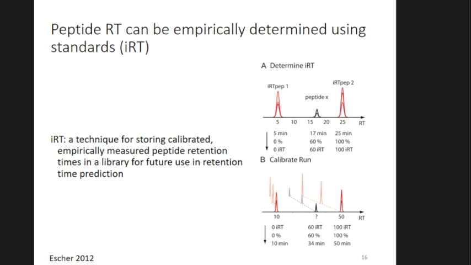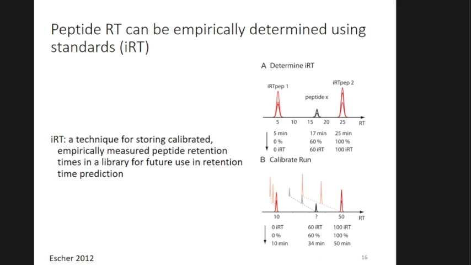So what iRT does is it takes some anchor peptides. In the slide, the anchor peptides are shown as iRT PEP1 and iRT PEP2 in red. Those are just the chromatograms of these 2 anchor peptides. And then all of our unknown peptides, so peptide X, are represented as some value in between the 2 peptides. So let's walk through an example, because that was pretty vague.